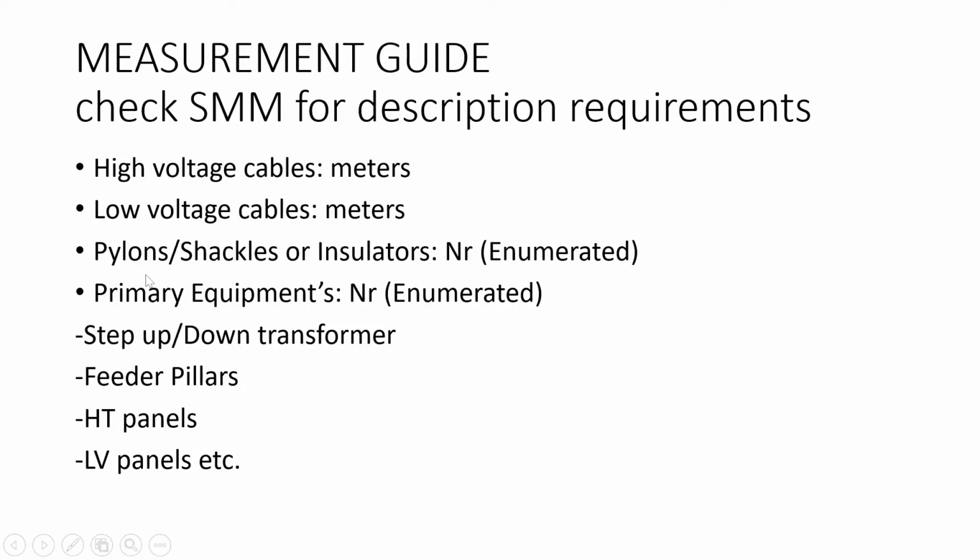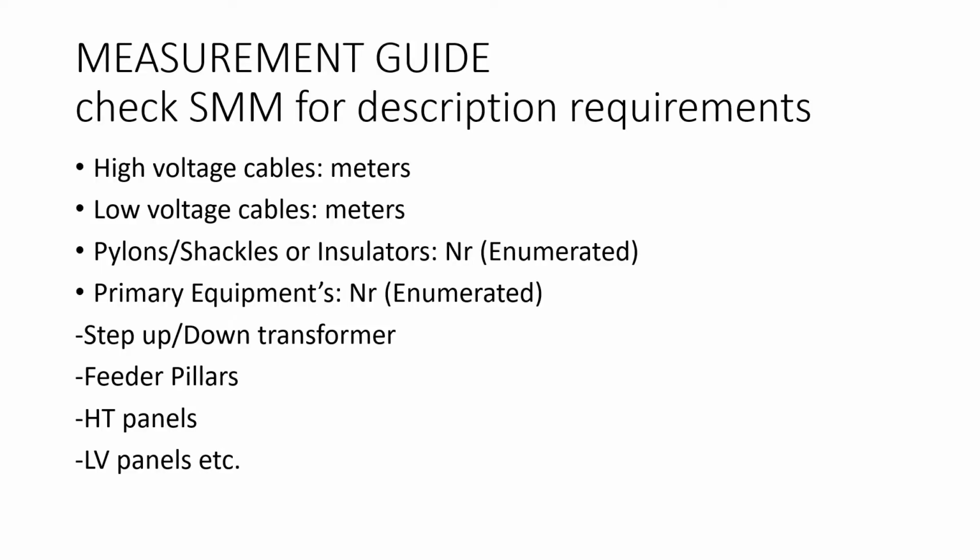Good. So moving forward, primary equipment. Examples of our primary equipment are our transformers. So all the transformers we've been talking about, whether step-up transformer or step-down transformer, they are under what? Primary equipment. Good. So now our step-up and step-down transformers are measured as what? Enumerated items, meaning that you should count them, right? So if our step-down transformer is 1, all you just need to do is to tell us that we are going to be having just one transformer.